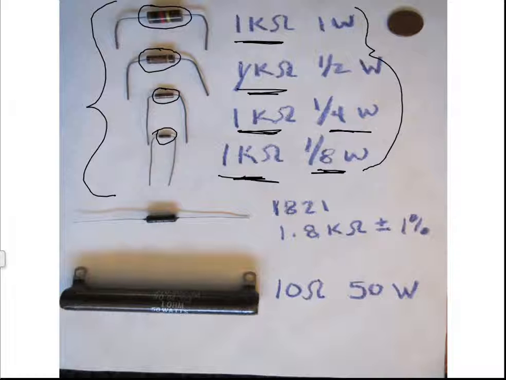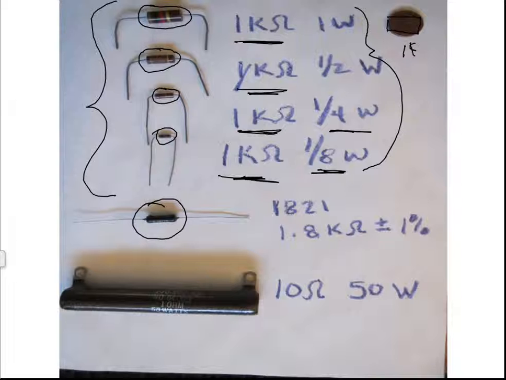Now for the actual size, up here I have a penny. 1 cent. So you can see the 1 watt resistor is about as big across as a penny. Moving down here, I have a film type resistor. And we'll look at the resistor types in a moment.